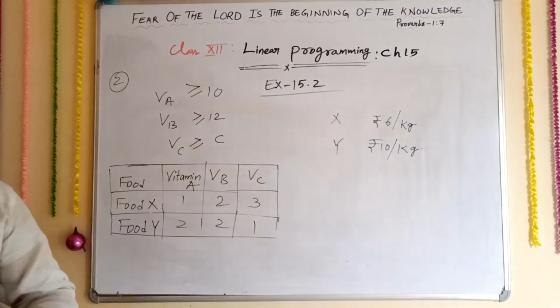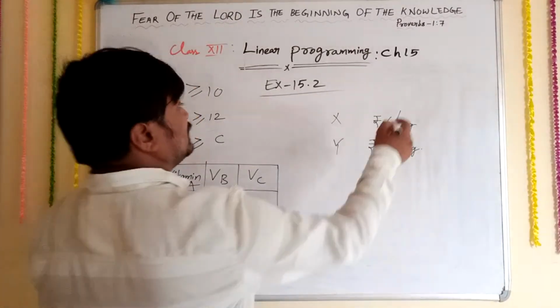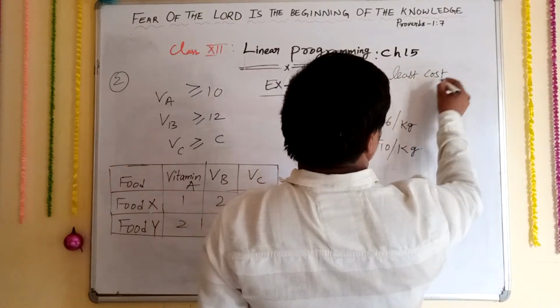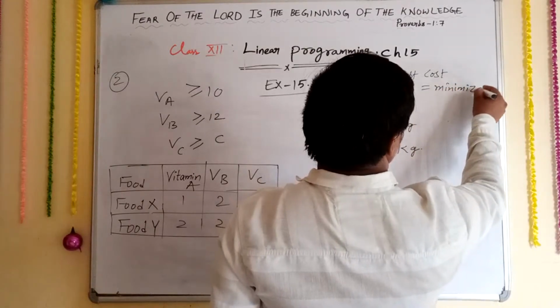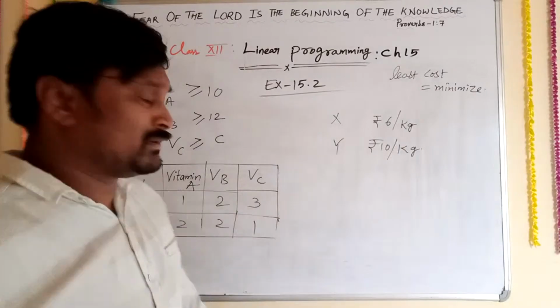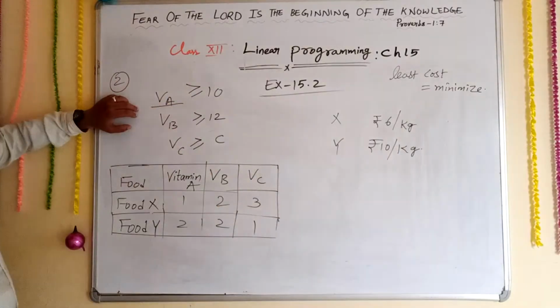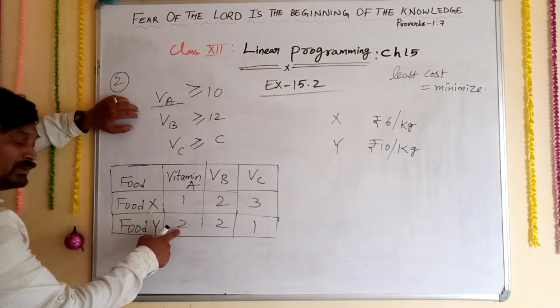So least cost. Again here, least cost means minimize. Remember, least cost is nothing but minimize. So we need to minimize, again the same manner of problem, and it is very easy now. Now tell me, vitamin A means what is there? 1 unit and 2 units.